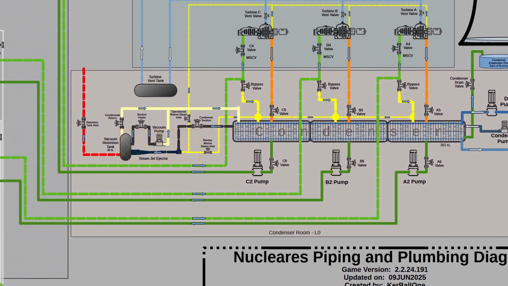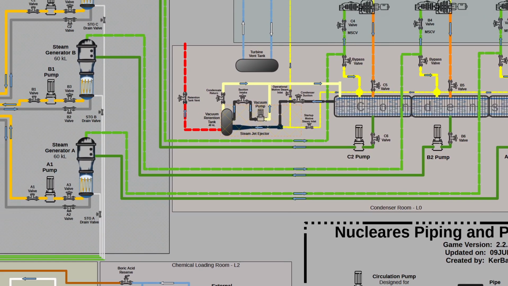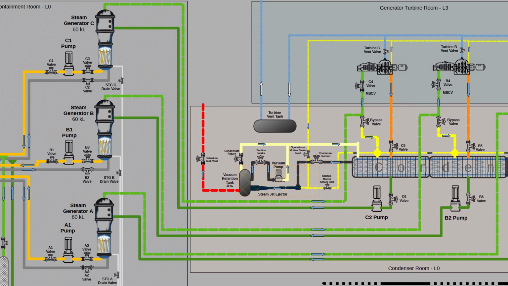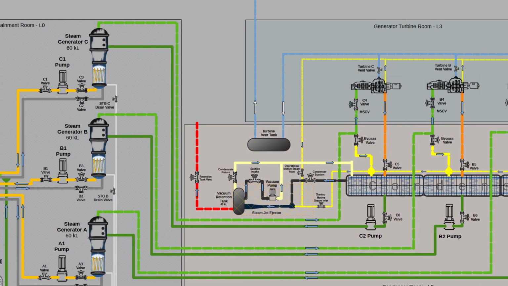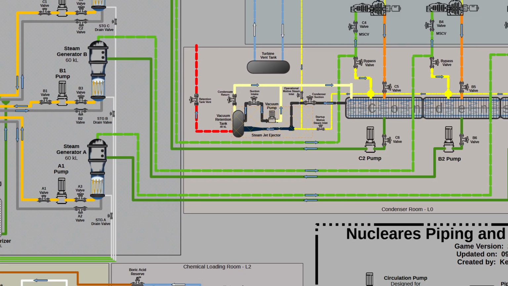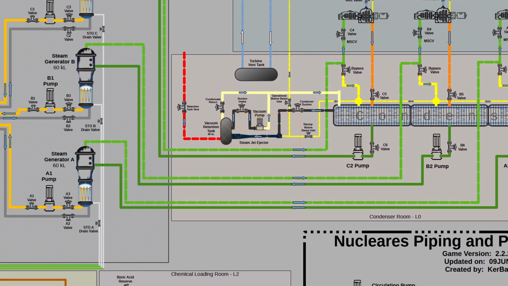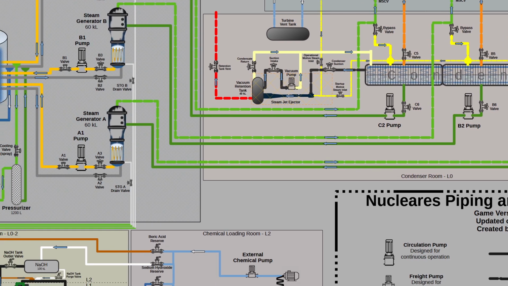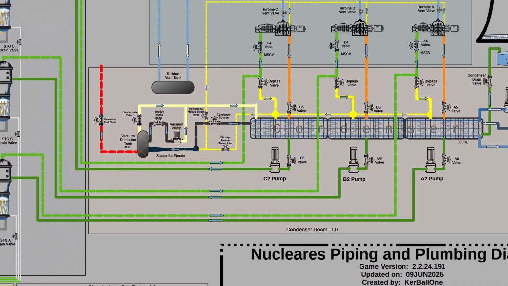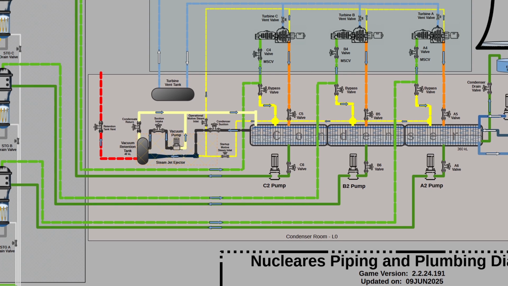The steam from the steam generators would come from the top and through and just work the way through into the valve and the turbine. Same with this one, that does the same. It goes up into the pipe, into the MSCV valve, B4 valve, into the turbine.